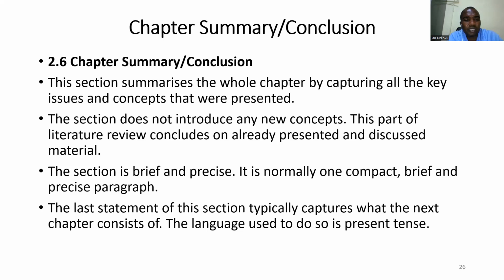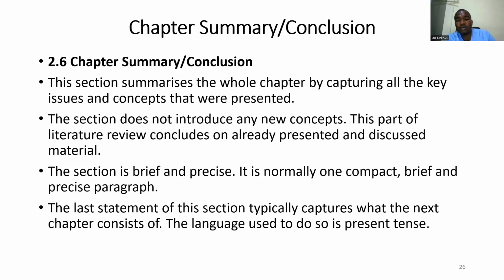This part of the literature review concludes on already presented and discussed material. The section is brief and is expected to be precise. It is normally one compact, brief, and precise paragraph. The last statement of this section typically captures what the next chapter consists of.